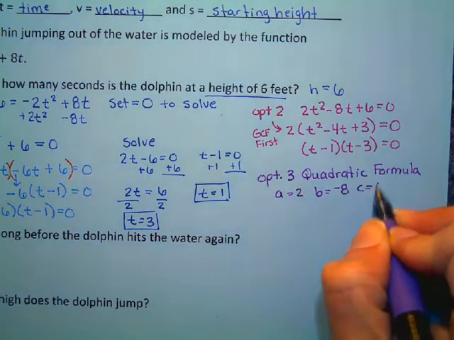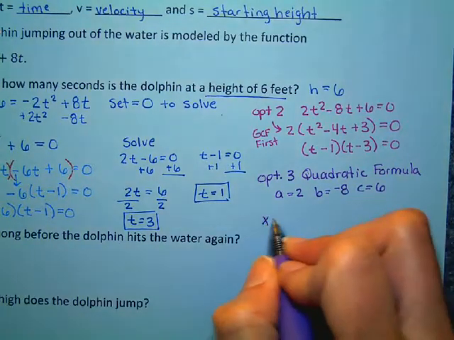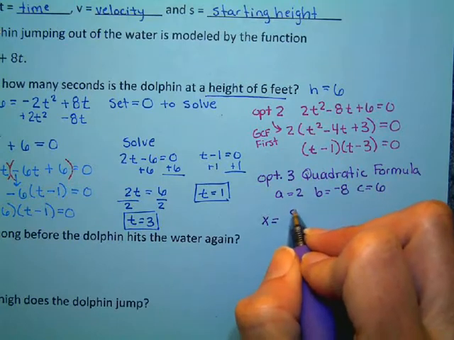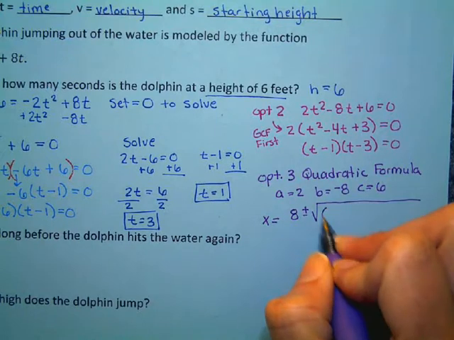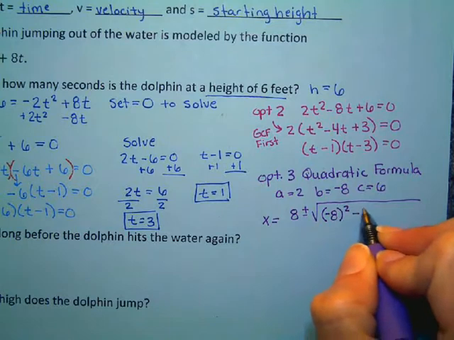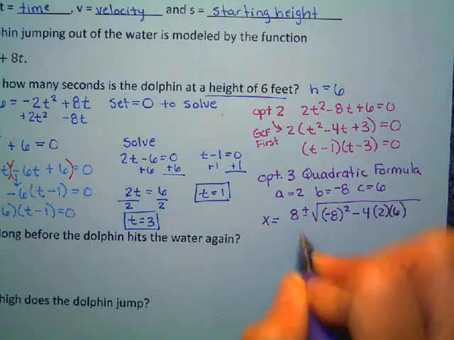Some of you guys really like this because it takes the guesswork out of what are the factors. So that would look like -b, so opposite of -8 would be +8, plus and minus the square root of b squared, -8 squared, minus 4ac, all over 2a.